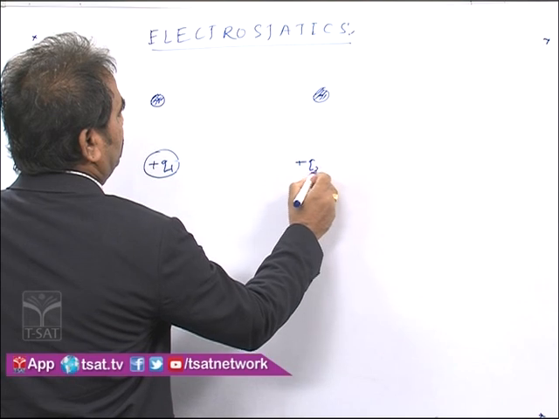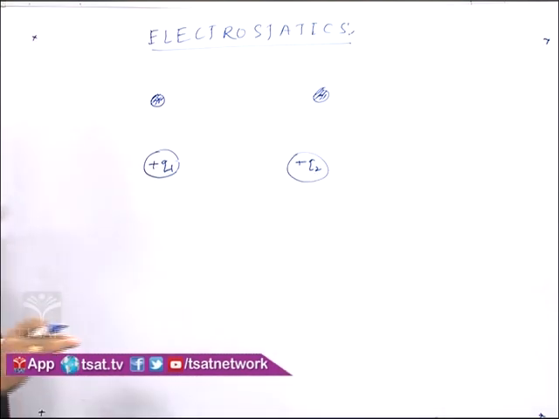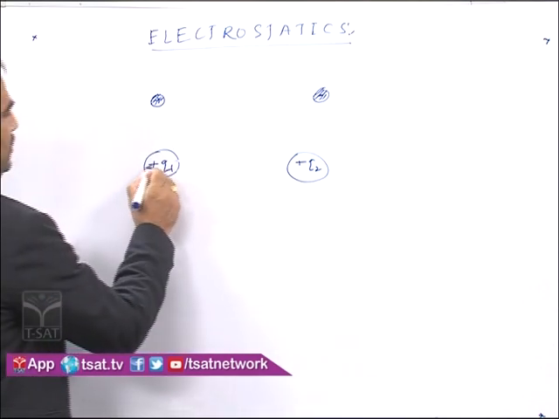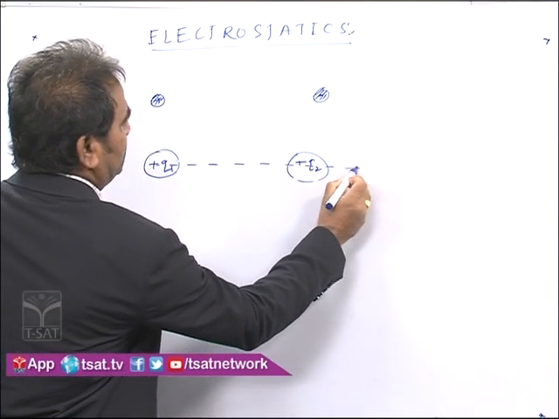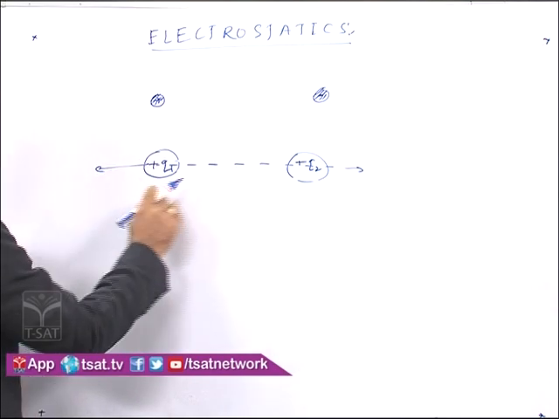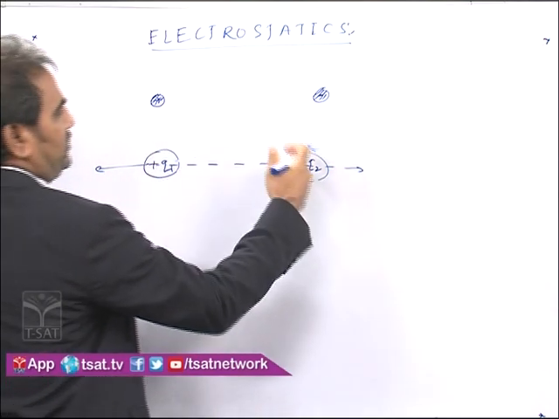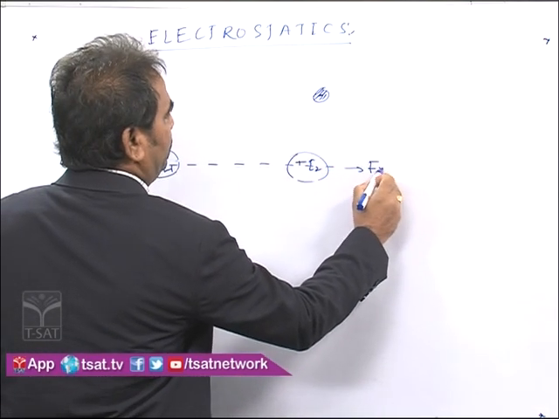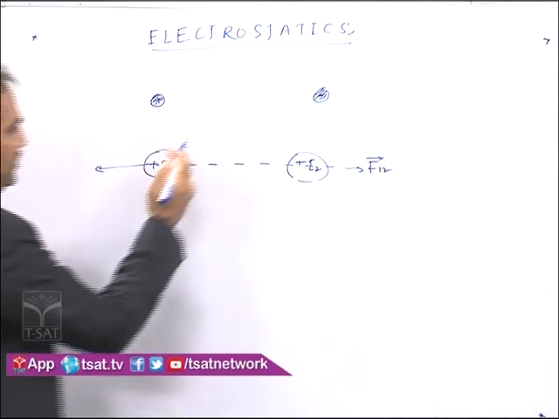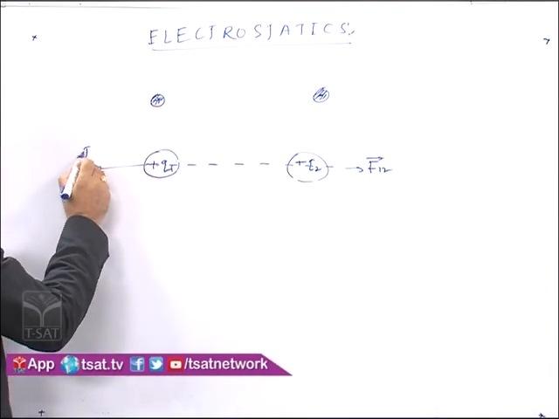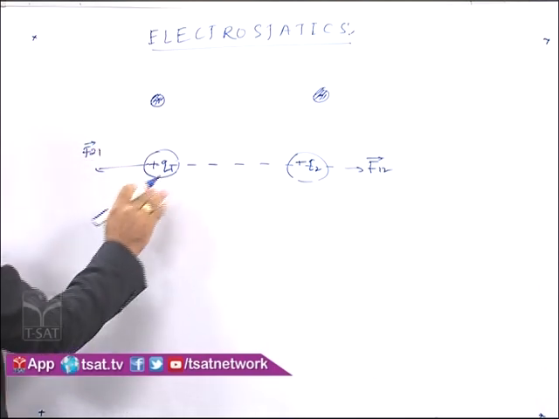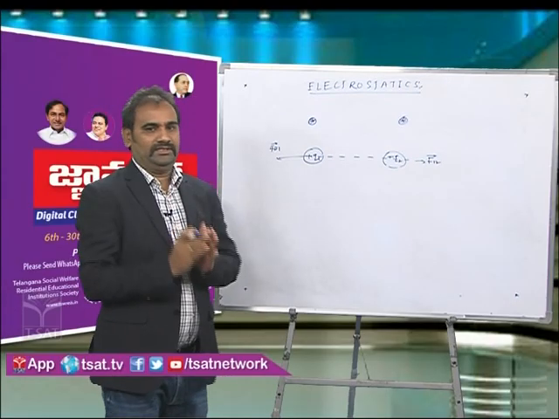This is Q2, another positive charge. These are called like charges. Like charges repel each other like this. So charge Q1 repels charge Q2 with a force F of 1 to 2. Charge Q2 also repels charge Q1 with a force F of 2 to 1. Like charges repel one another.